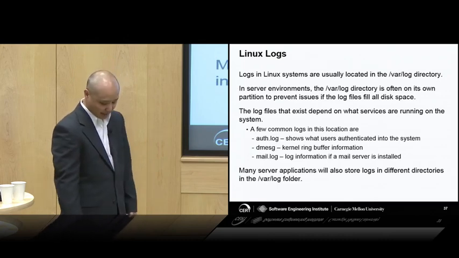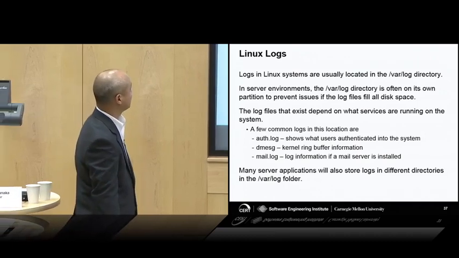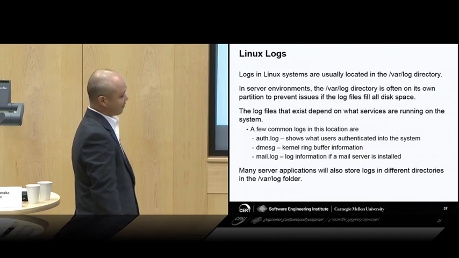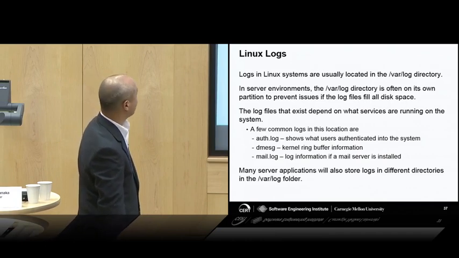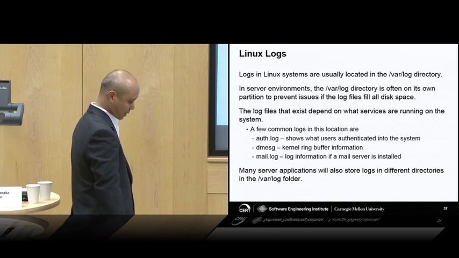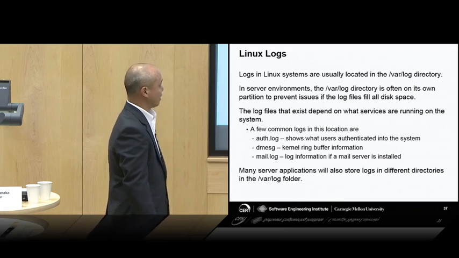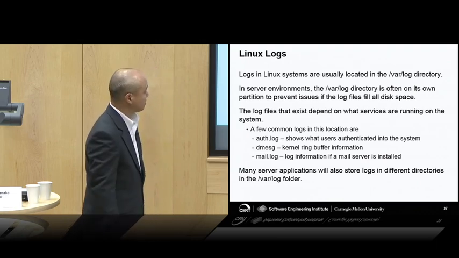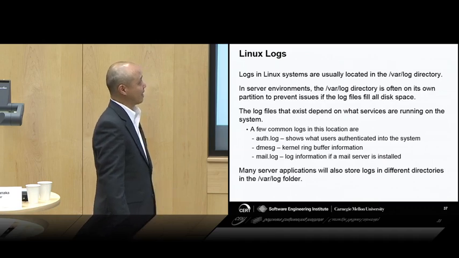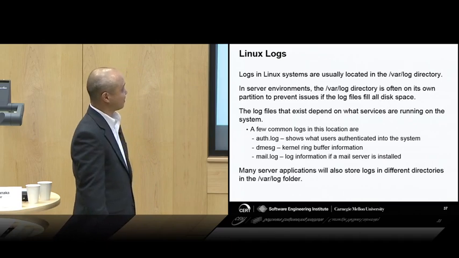Okay. Linux has a lot of logging inherent to the operating system, and most of it is usually located in the var/log directory. So in a server environment, since it becomes such a large set of files, that particular directory is often put in its own partition and given lots of room.